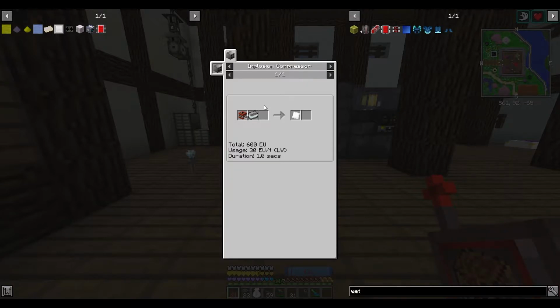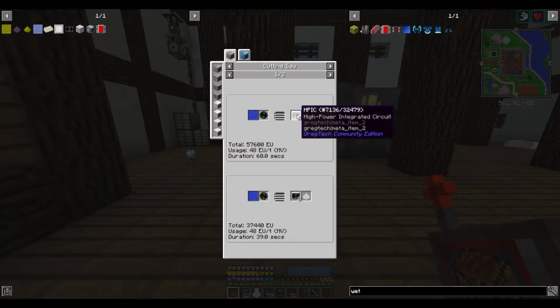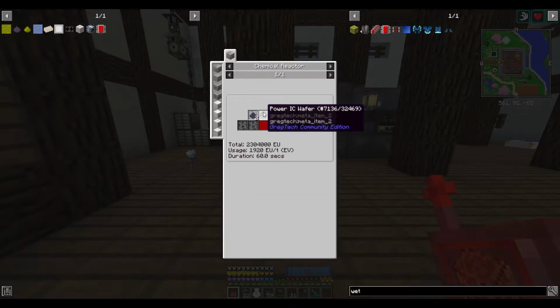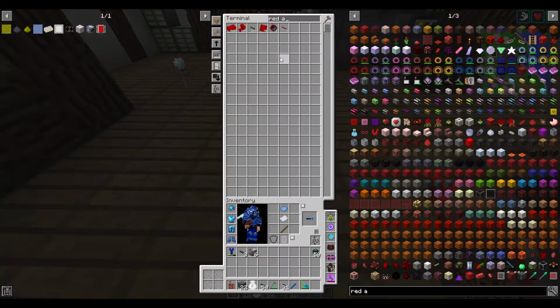So we are going to need to make an implosion compressor, huh? Okay. Didn't want to do this, but okay. Also, we're going to need these high power integrated circuits, which require 2 ingots of red alloy. How am I doing with red alloy?